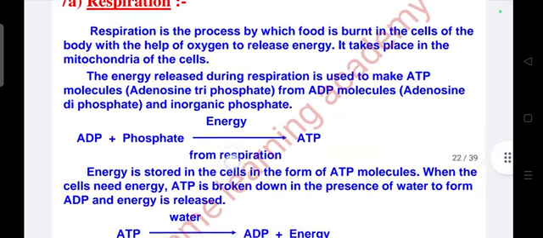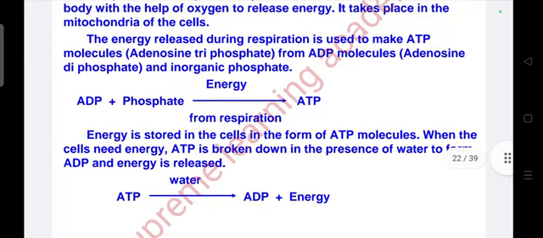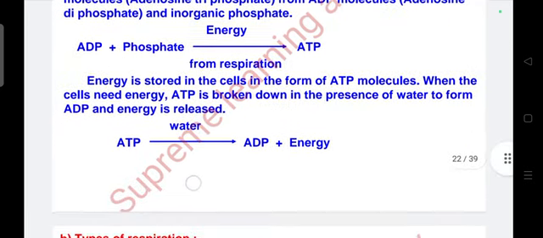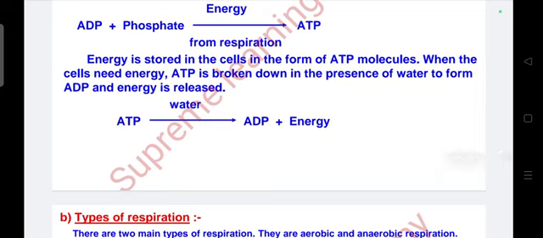The energy released during respiration is used to make the ATP molecule, that is adenosine triphosphate, from ADP molecules, adenosine diphosphate, and inorganic phosphate.